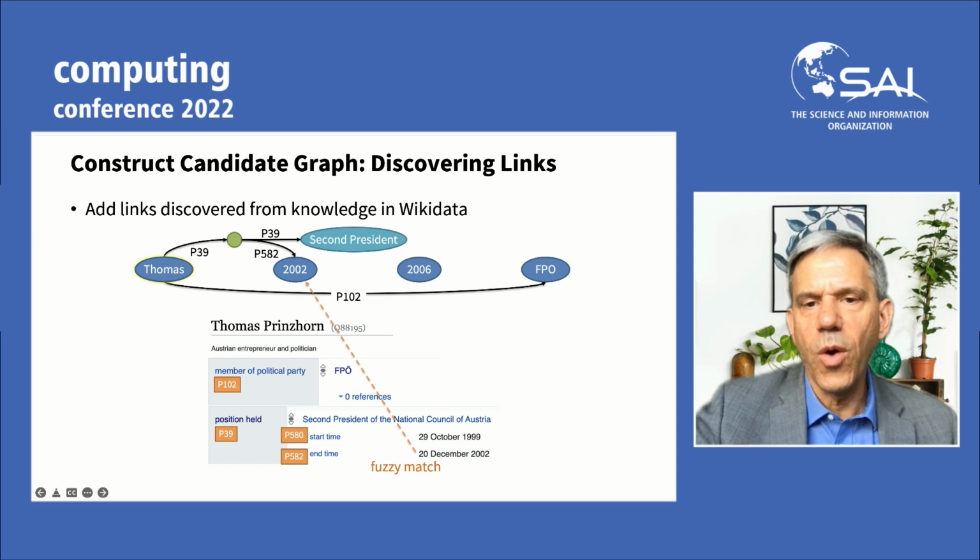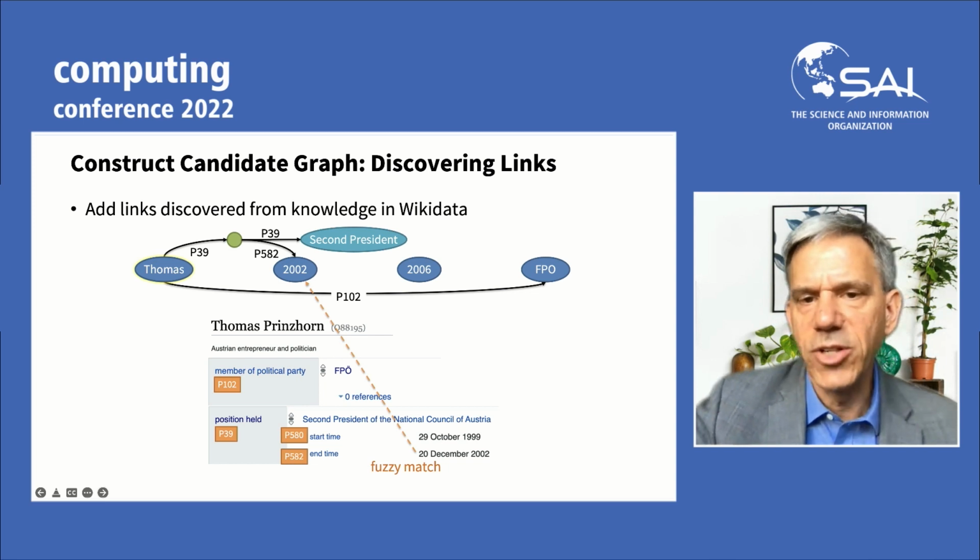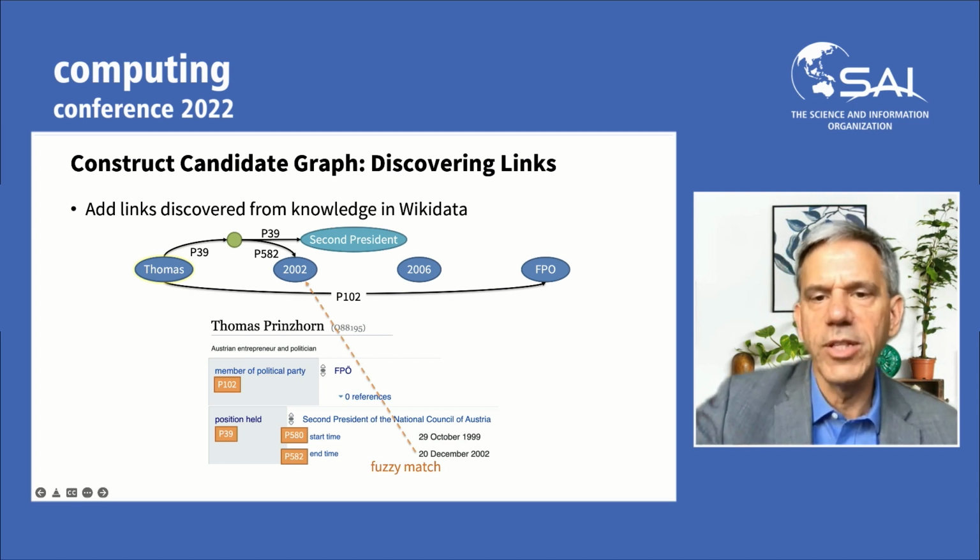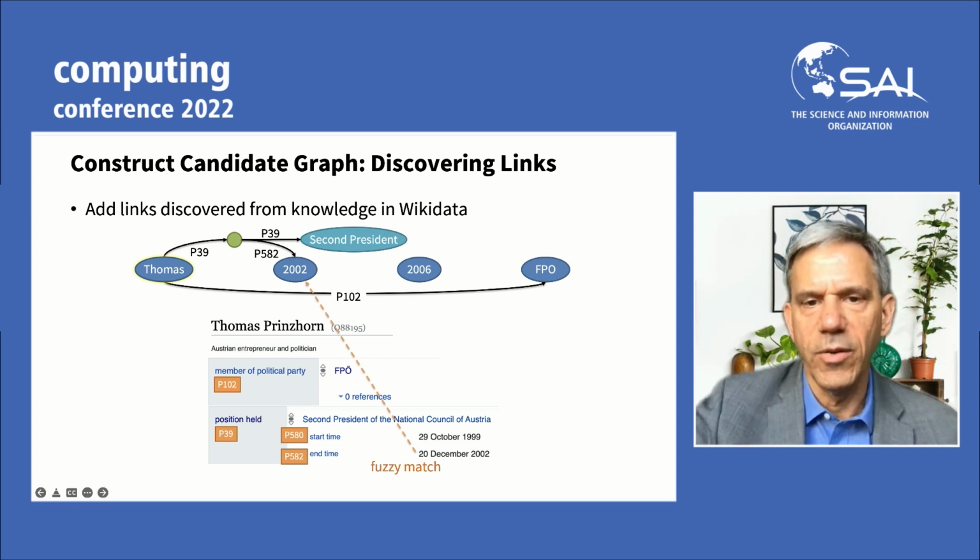And so one possible relationship that it finds then is that Thomas Prinzhorn is the second president, even though we know that the table is actually talking about third presidents. I wanted to show an example that that's ambiguous. So there's several different possible things that we could posit as a model of this table, and one of them is that it's about second presidents.